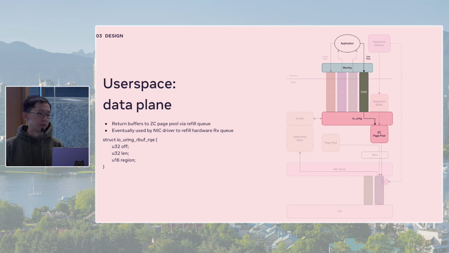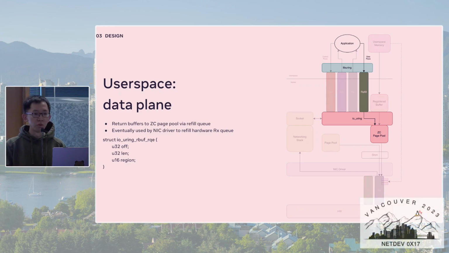Each refill entry is again an offset and length. User space will write entries into it, and when control goes back into the kernel and we're refilling the hardware RxQs, the zero copy page pool is going to use entries from this refill ring.